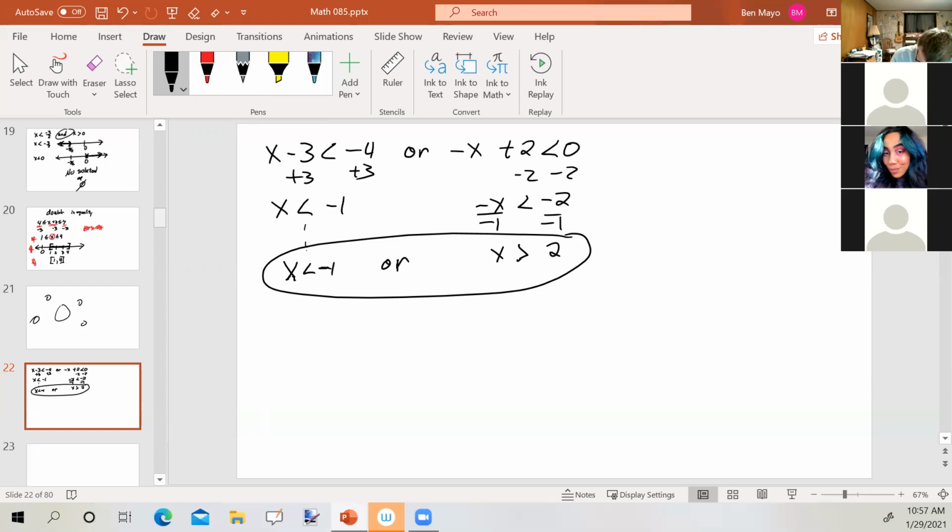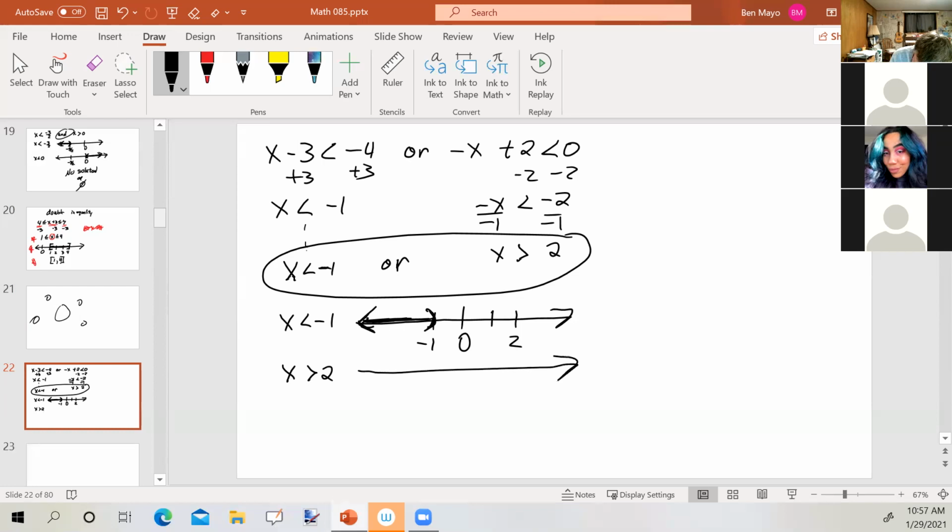Now let's graph each individual piece. x less than -1. So I've got 0, -1, and 2. x is less than -1. And then I've got x is greater than 2. That's going to look like this. What does or mean?